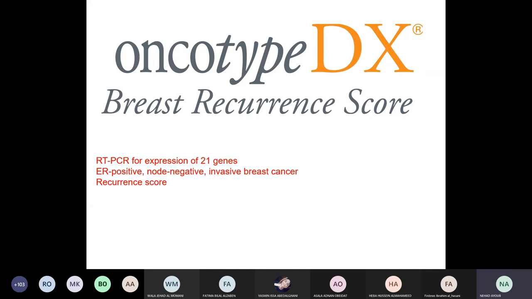It does not work. أو أحسب recurrence score لمريضة عندها lymph node positive disease اللي تبعها 1 or 2 غلط. أو أحسبها لمريضة HER2 positive ER negative غلط. أوكي فهاي very customized.